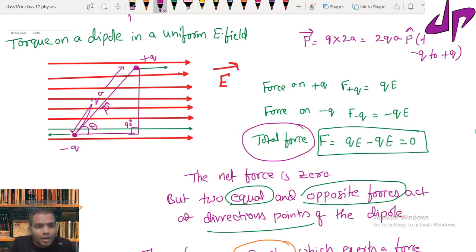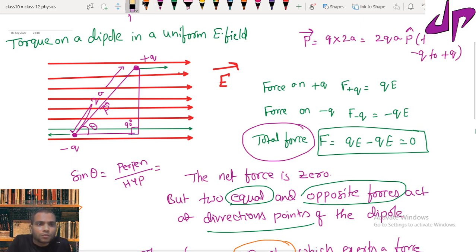Now from the figure you can write sin theta equal to perpendicular by hypotenuse. So here the perpendicular I need to find, but we know the hypotenuse. So we can write the sin theta here, so we need to find out what is the perpendicular distance, and the hypotenuse is nothing but the dipole length.